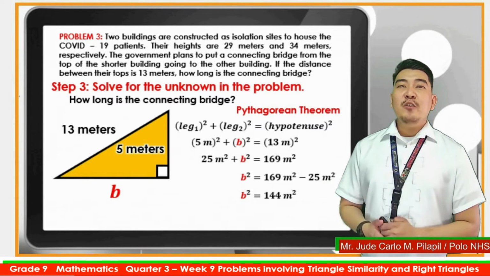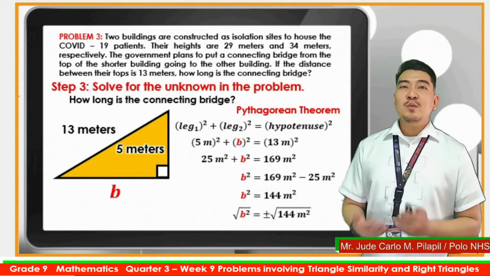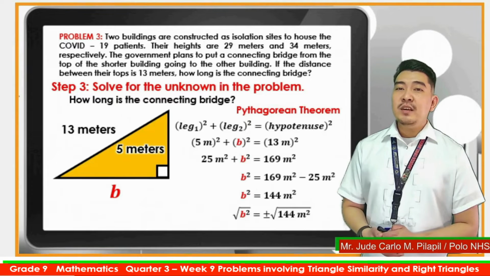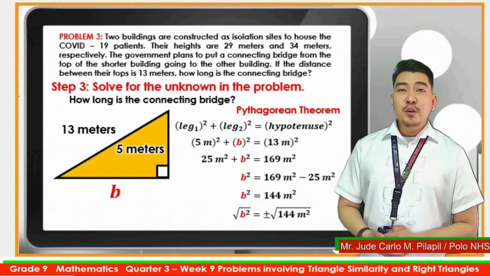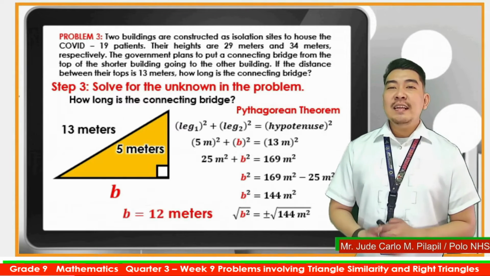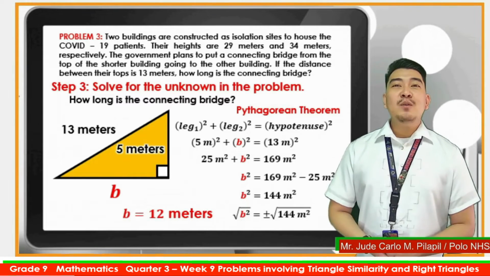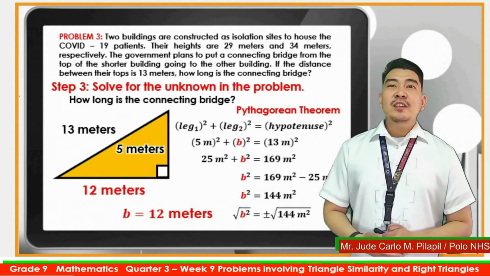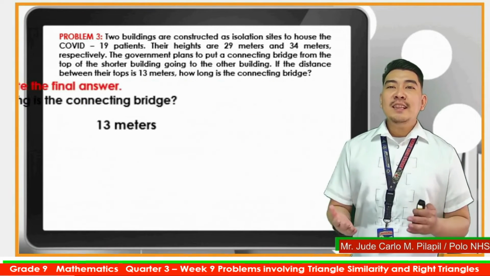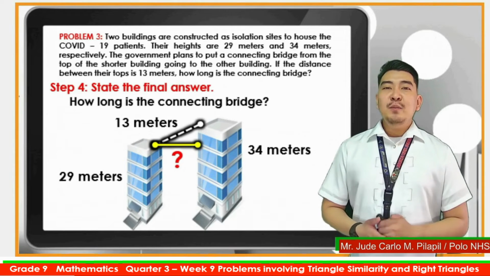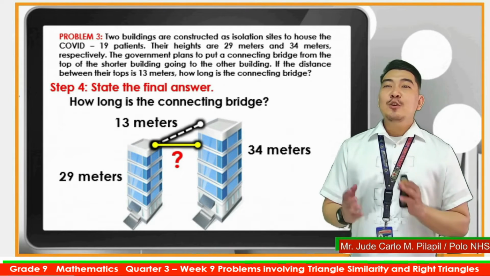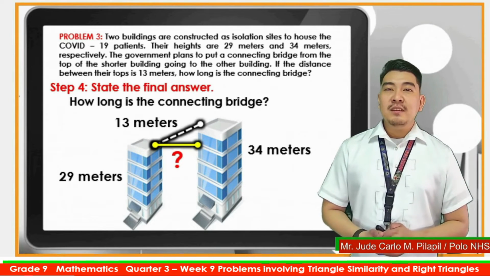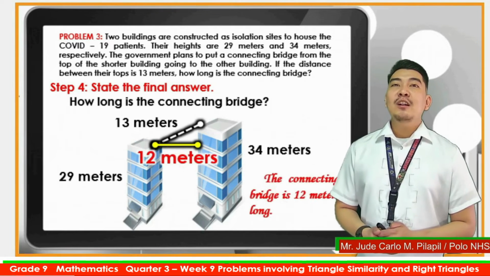To get the value of b, we need to extract the square roots of both sides of the equation. Taking its positive root, we can now have the final answer, b is equal to 12 meters. To answer the question on how long is the connecting bridge that will be used to link the two neighboring hospitals, it is 12 meters long.